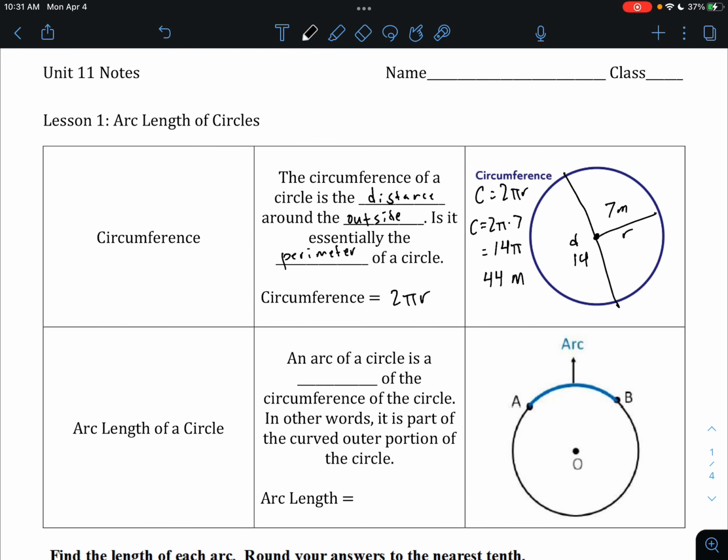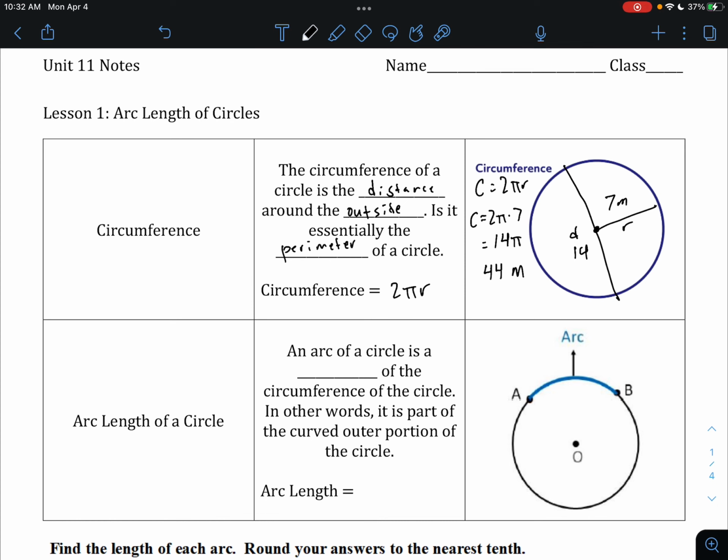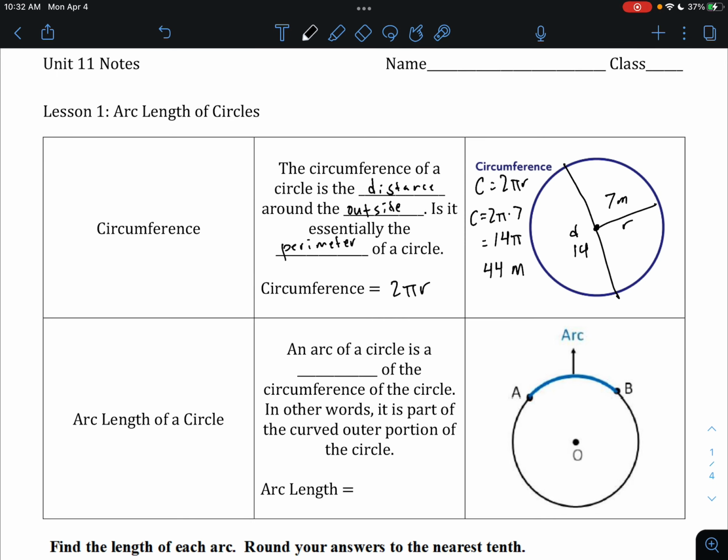Now, the new thing that we're learning in this video is the arc length of a circle. And an arc is just a curved distance between 2 points on the outside of the circle. So for here, we have a distance from A to B that is called arc AB.